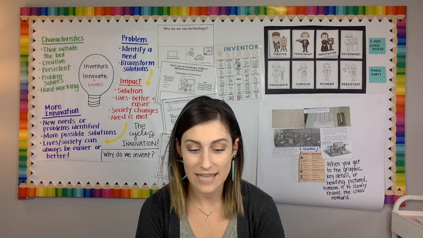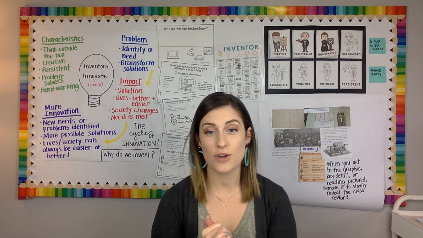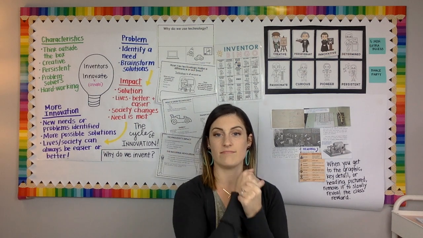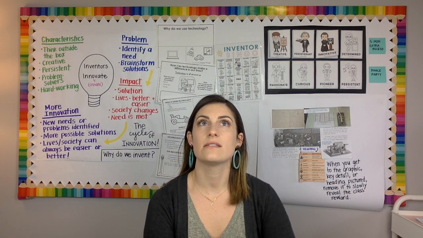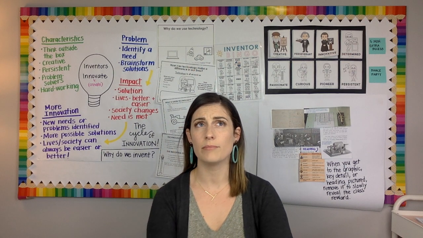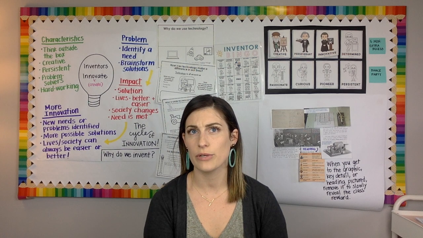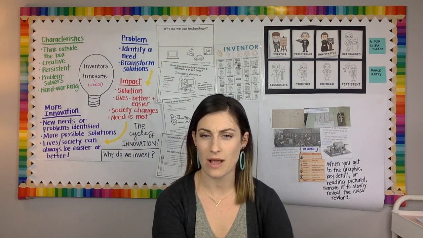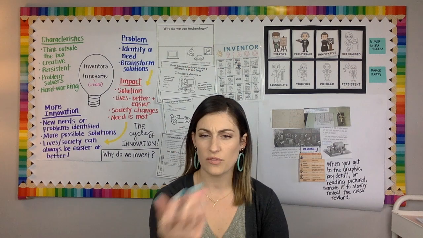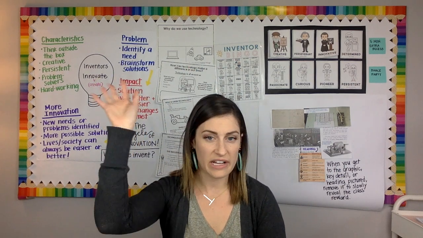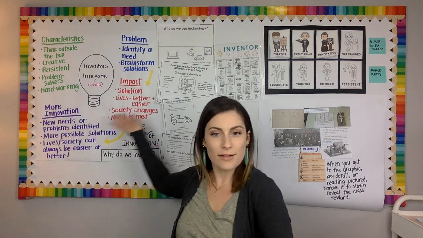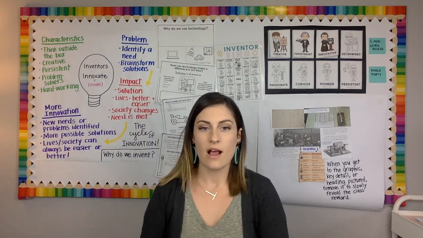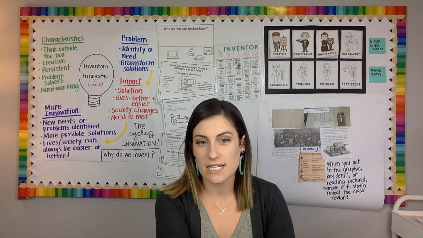And then lastly, you can try to think of a hands-on activity for the kids to do, like have them bring in recyclables or household items, or take some of your own things that you've got in your cabinets and put them out on the table and say, build something, create, let me see what you can do. That's an easy thing to do.